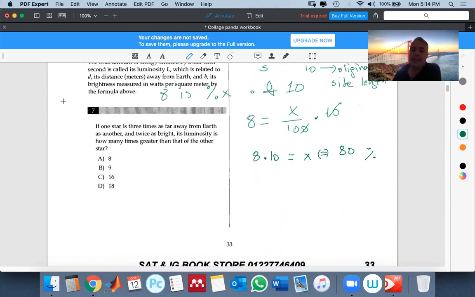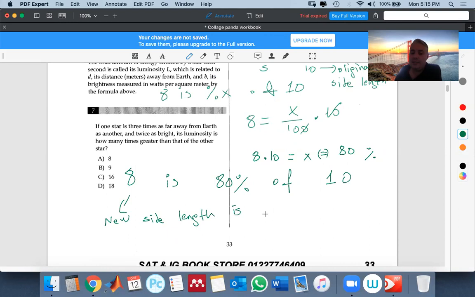I am writing 8 is 80% of number 10. So the new side length is 80% of the old side length.